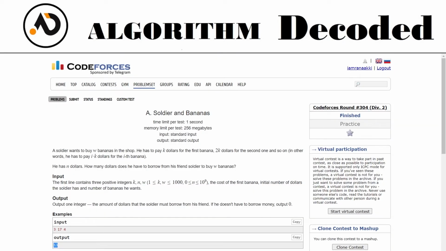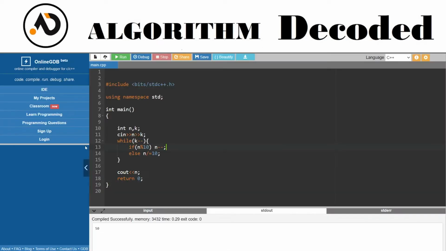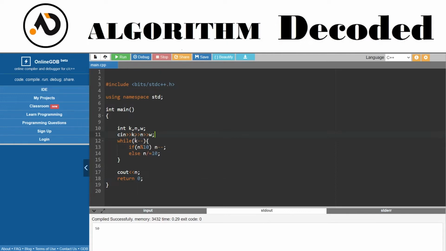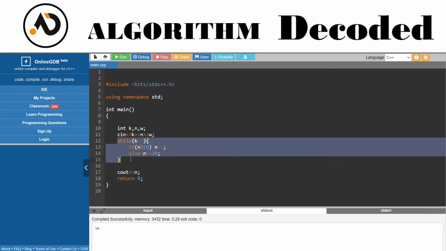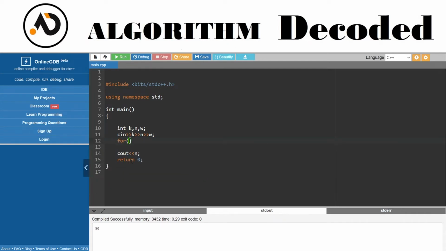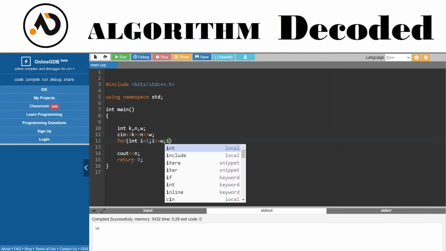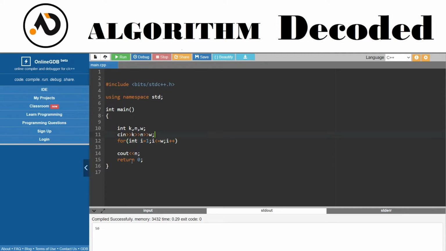So first we need K and W, right? So let's take all these variables. So yeah, that's it for the first one. Why not we go till the number of bananas he requires, and total cost.